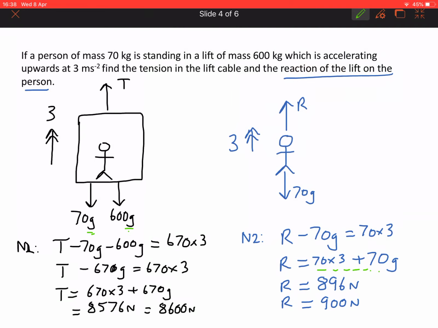It's 70g plus 210. So the force that this person's feeling through the soles of their feet when the acceleration is up at 3 meters per second squared is more than their normal weight if they were stationary. So when you accelerate up in a lift, that's why you feel slightly heavier.